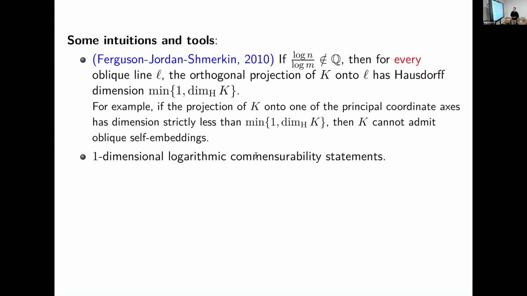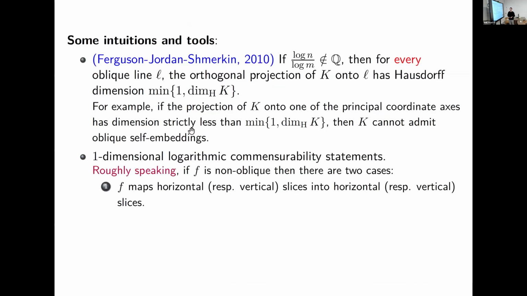The second tool is something like the one-dimensional logarithmic commensurability statements, not only for self-similar sets, but for horizontal slices or vertical slices or tangent sets. And roughly speaking, how would this help us?